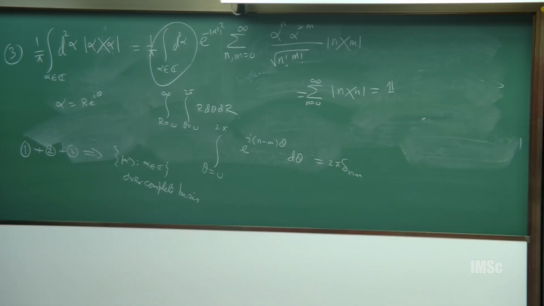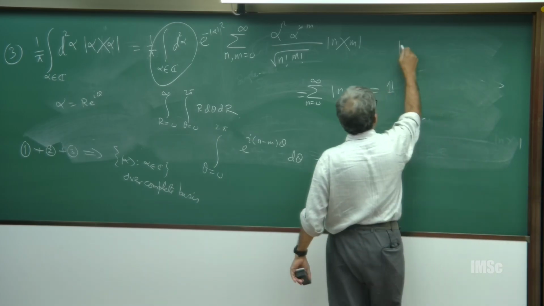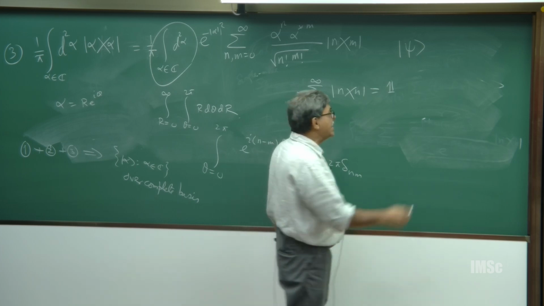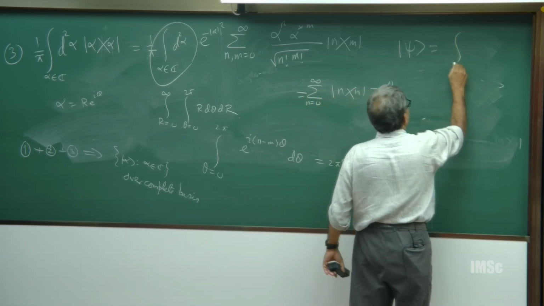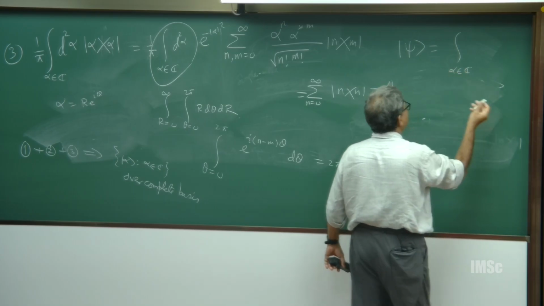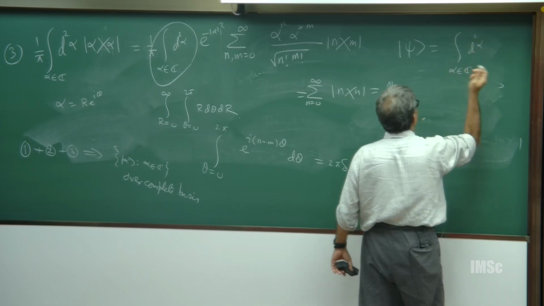This depends, because 1 alpha does not make sense. So what you are asking is, I want to write a state of my quantized electromagnetic field as, let us say, alpha belonging to C, d square alpha or whatever.